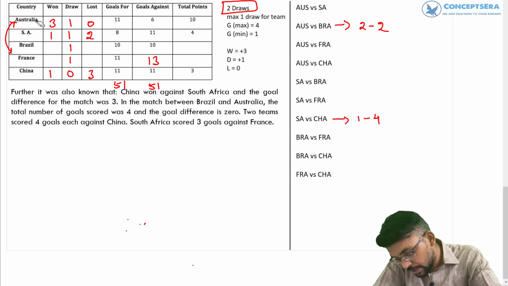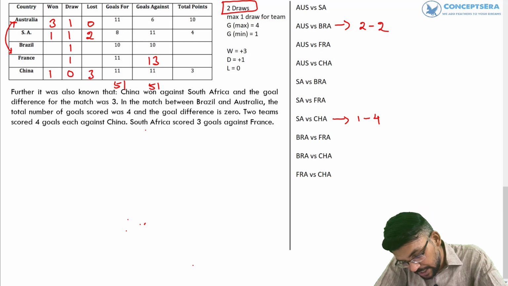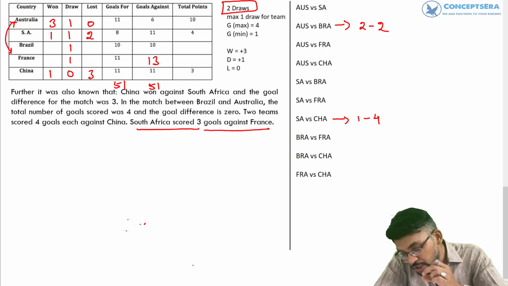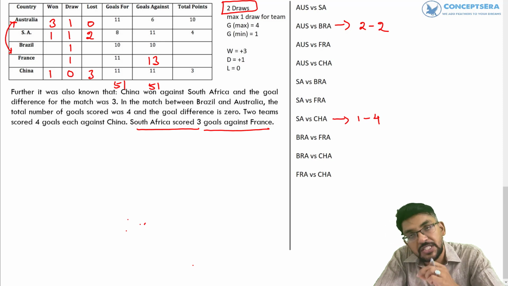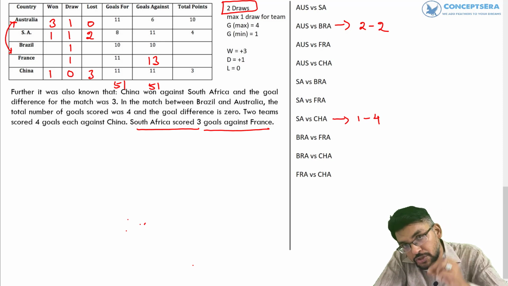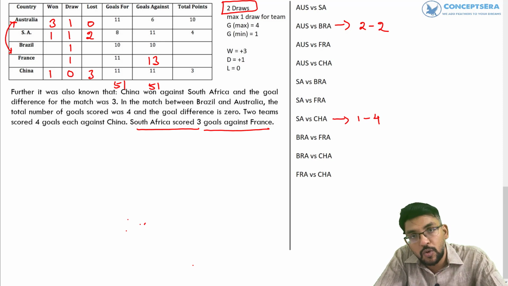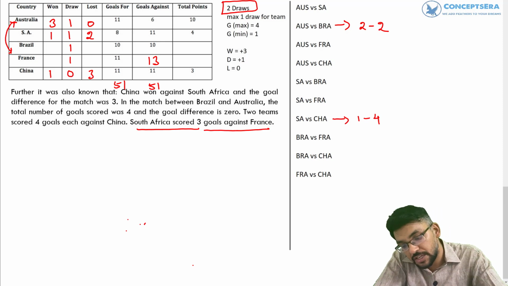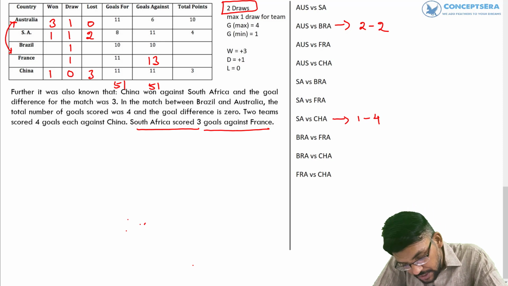After doing this, let's read the last line of this caselet. South Africa scored 3 goals against France. As we know, a draw is happening between South Africa and France. So if South Africa is scoring 3 goals against France, it means France will also score 3 goals against South Africa. So the France and South Africa match will be a draw and the goal line will be 3-3.